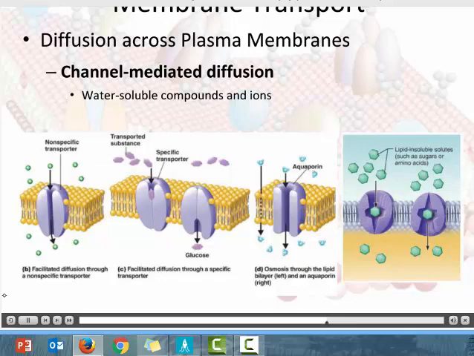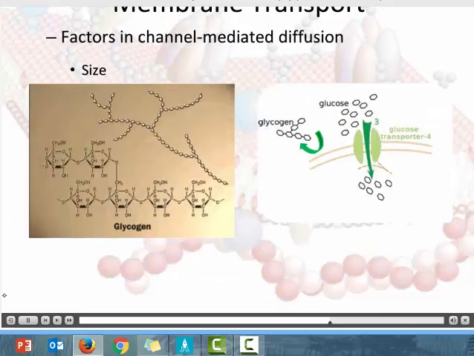Water-soluble compounds and water itself and ions are generally going to use this channel-mediated diffusion. So as we talked about proteins before, the passage of material is going to depend on the size of that solute.